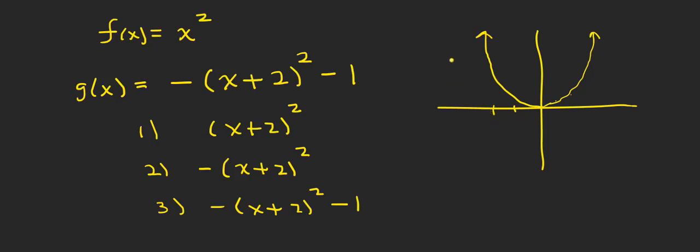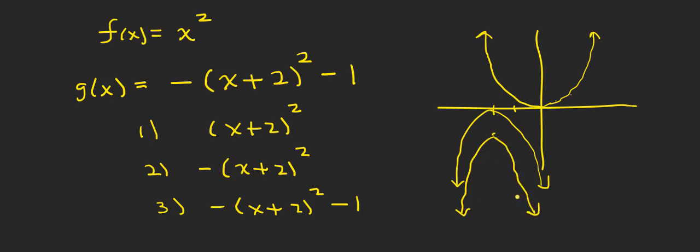And then there's going to be a reflection with respect to the x-axis. So it's going to go down like this. And then everything's going to go down once. So here's a new vertex. It's going to go down like that.